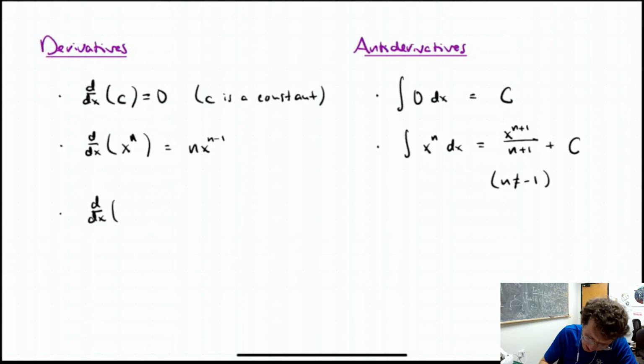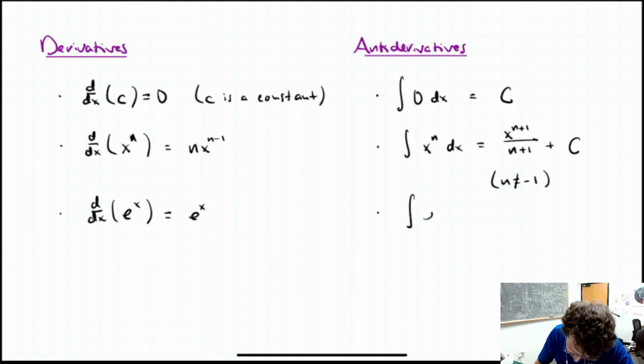If you remember back to chapter 3, we covered derivatives of polynomials, so we did the power rule in section 3.1. And in section 3.1 we also differentiated e to the x, and we got e to the x. That means that an antiderivative, or the indefinite integral of e to the x, is e to the x plus c.